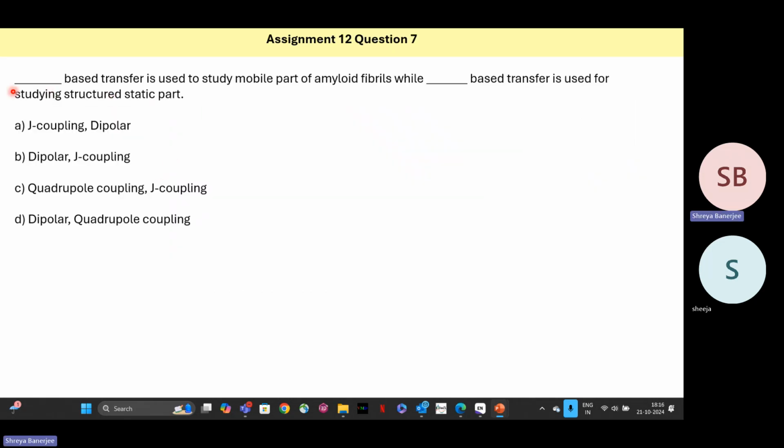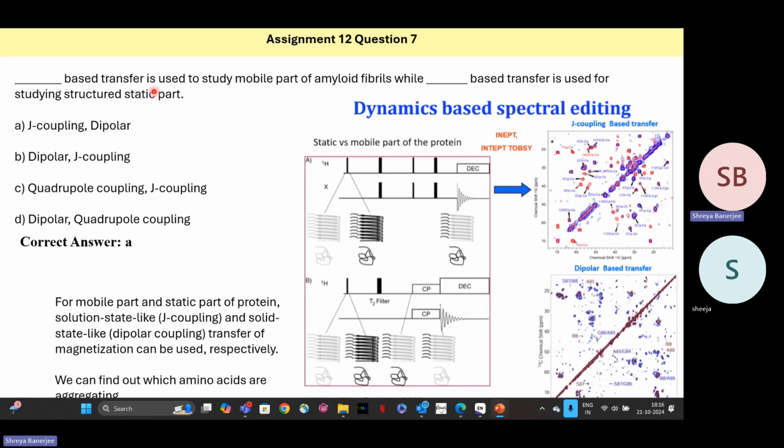Then you have this question that is saying, dash base transfer is used to study the mobile part of amyloid fibrils, while dash base transfer is used for studying the structured static part. So again, going back to the previous class, as I said, I'll first cover the assignment problems of the previous class, and then I will discuss some practice problems from the beginning to the end of all the classes.